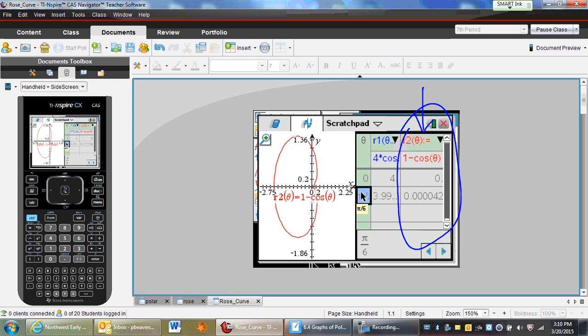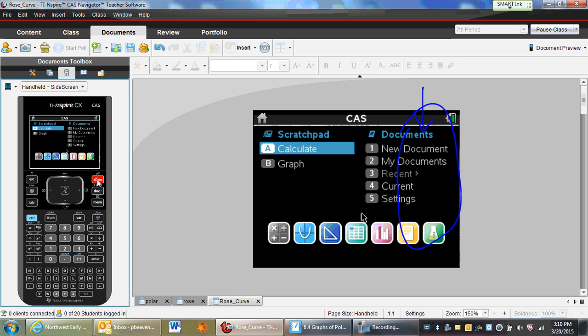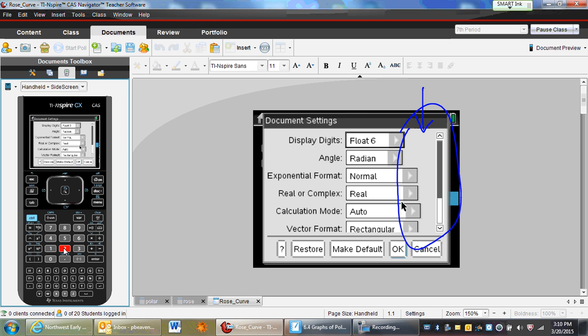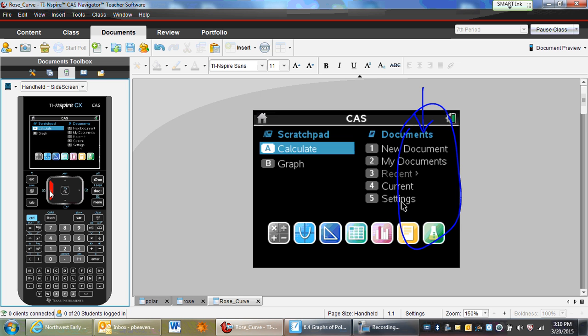Let's see if we get the one with pi over 2, because that one's easy to calculate by hand, right? What is cosine of pi over 2? 0. So 1 minus 0 is? You got 0.13? Yeah. Okay. Could it be that our calculator is not in radians? Maybe. I don't know. Maybe where I messed up was here, changing the scale.